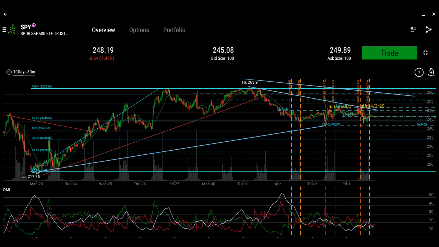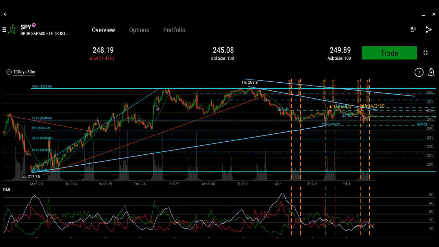Moving on. I put Fibonacci lines to see if they have any correlation to the trends or to the resistance or support. I drew a Fibonacci from the bottom here. The solid lines are the Fibonacci's. I drew it from the bottom of 217 to the high of 263.